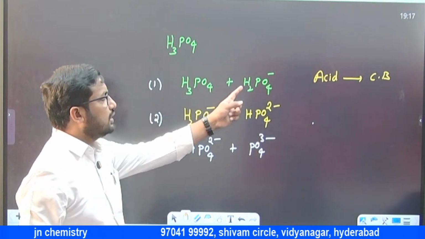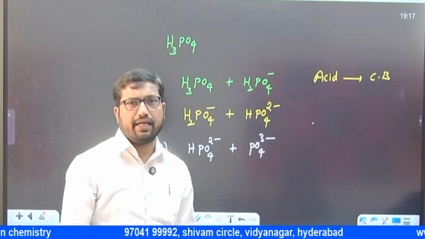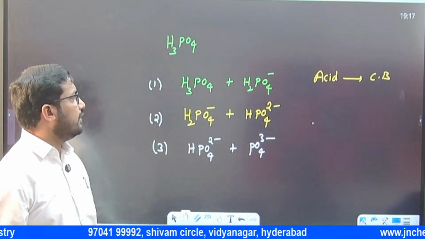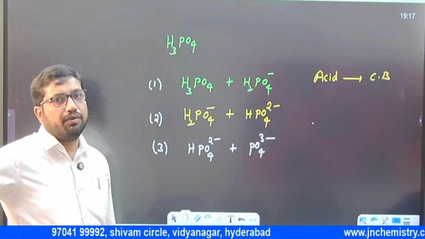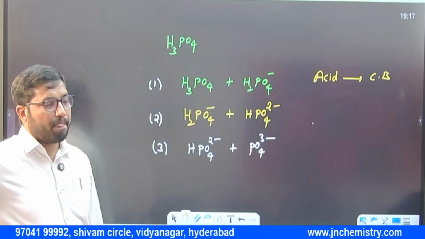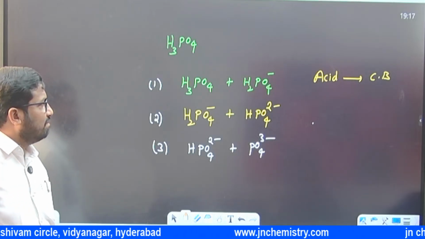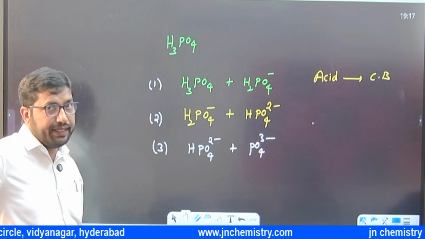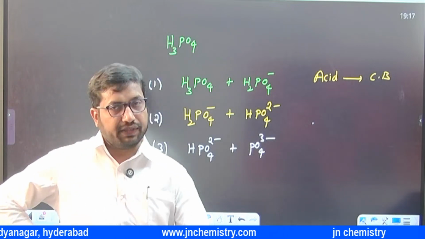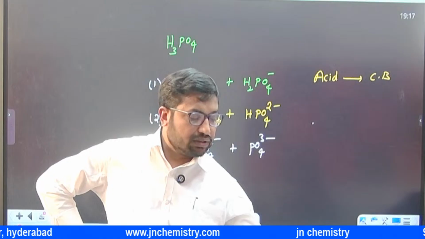Whenever the negative charge is there, put Na or K like that. So automatically we'll get these three types of buffers. We need to identify, when they are asking the questions, which type it is.